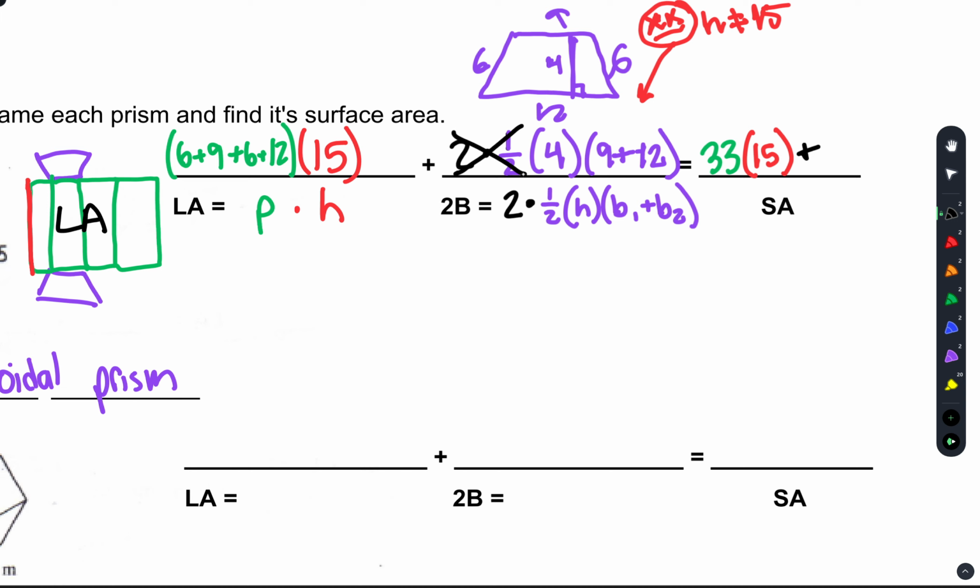So that helps me a little bit. So I'm really just left with 4 times 9 plus 12 is 21. That makes it a little bit easier to put into my calculator. I'm going to calculate that whole thing, 33 times 15 plus 4 times 21, which gets me a nice 579. And I'm always working with units squared here.